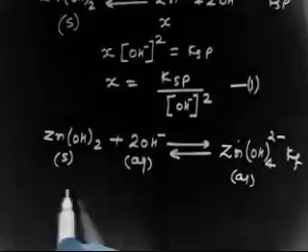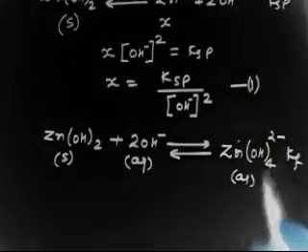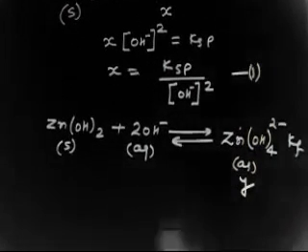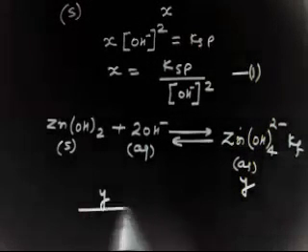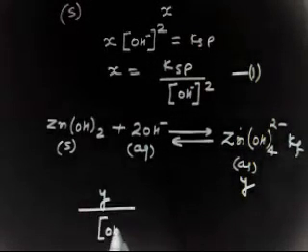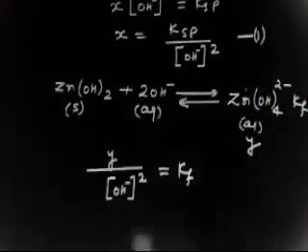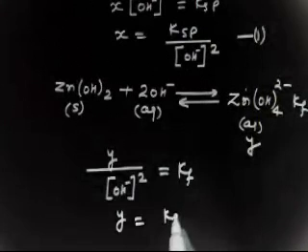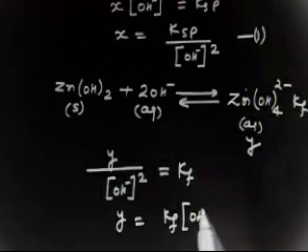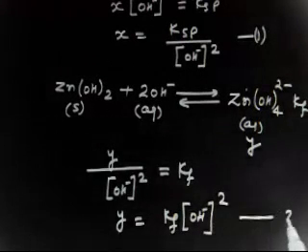So if I see in this reaction, the solubility is Y, so I can write Y divided by OH- raised to the power 2, this is equals to Kf. So from here I can write Y is equals to Kf OH- raised to the power 2. So this is my equation number 2.